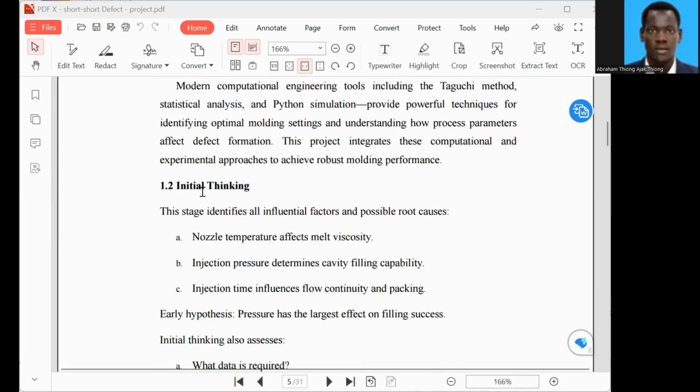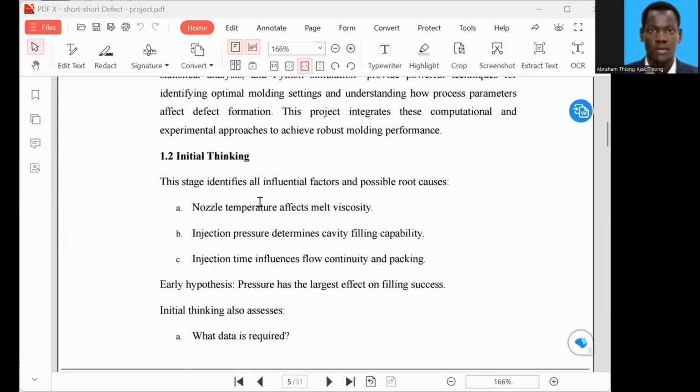So here is initial thinking. In initial thinking, we identify the influential factors and possible root causes. I've selected three parameters as the root cause of the defect. One is nozzle temperature, which affects the melt viscosity. The injection pressure determines the cavity filling capability.